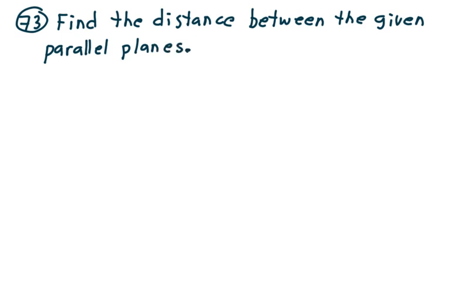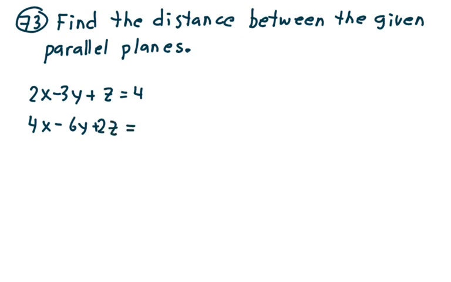Here we get 2x - 3y + z = 4, and we get 4x - 6y + 2z = 3.